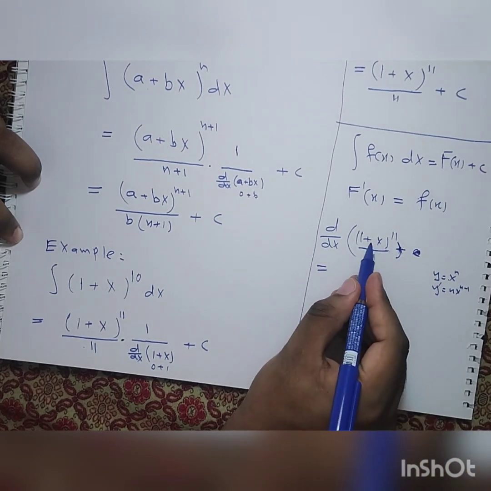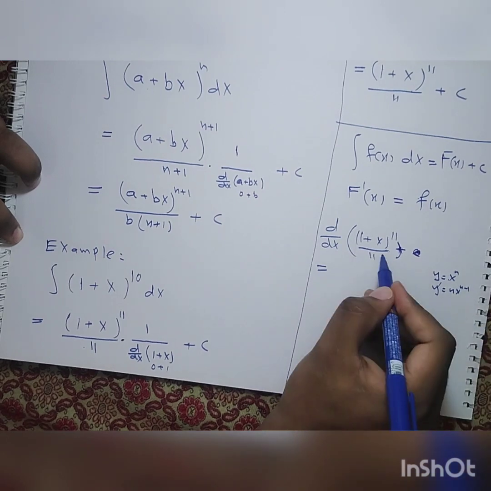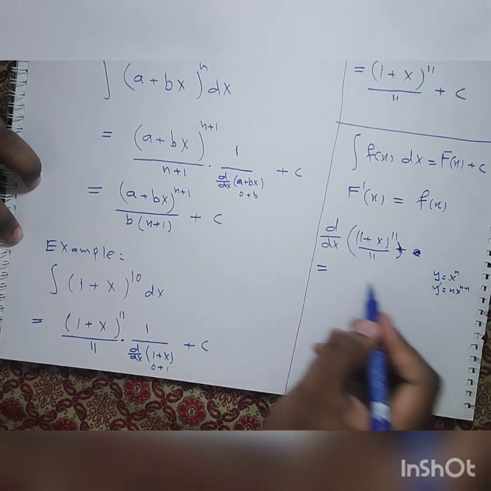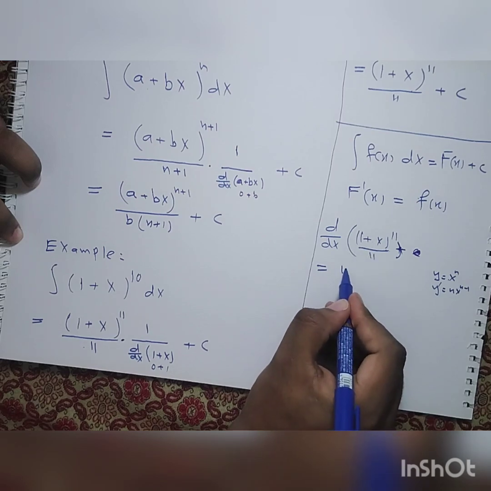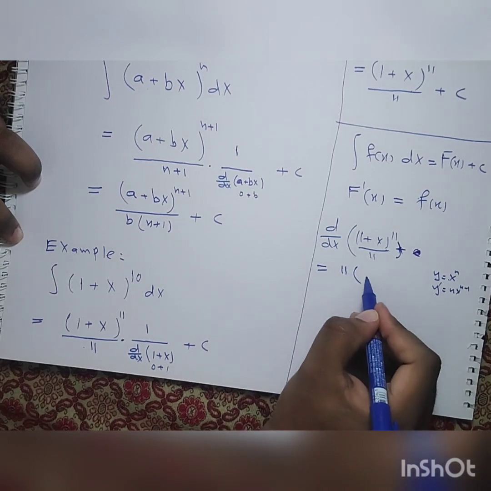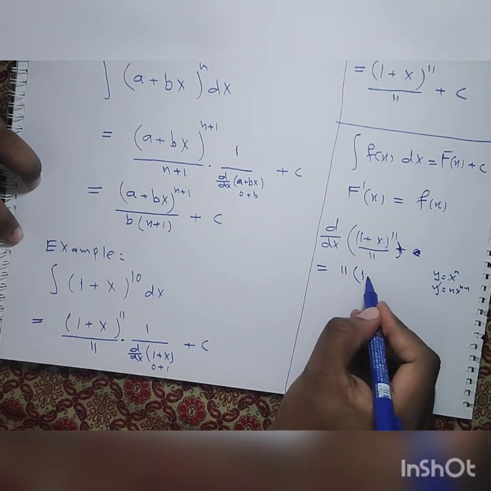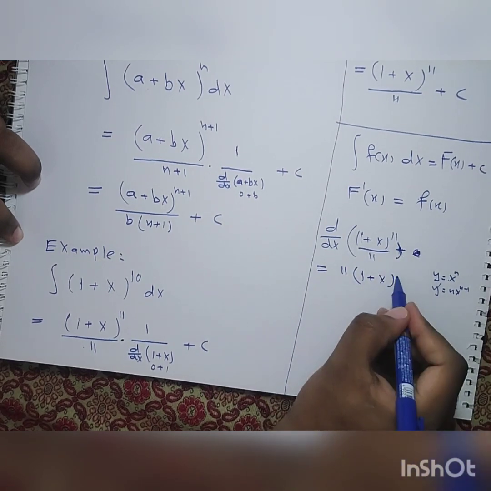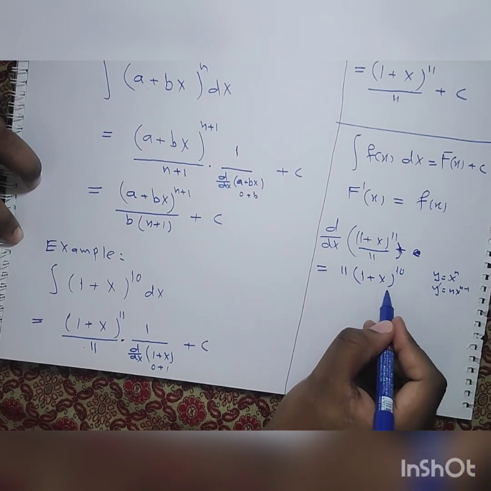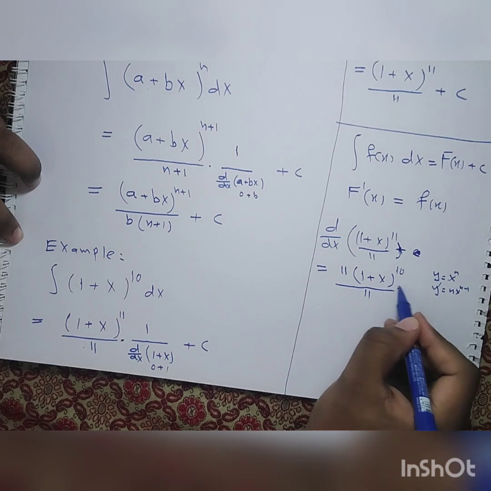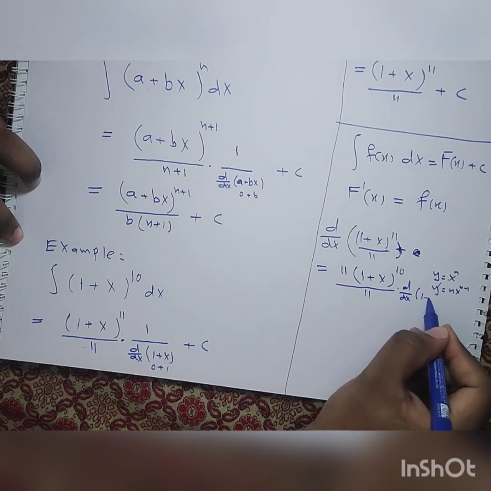Because in this case we need to multiply by the derivative of what is inside here. So that means we get 11. Then we multiply this here, we get 11 times (1 plus x), so 11 minus 1 is 10, and we don't forget here we already have 1 over 11, and then this is times the derivative of what is inside the parentheses.